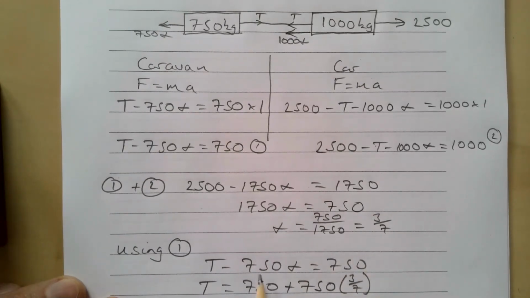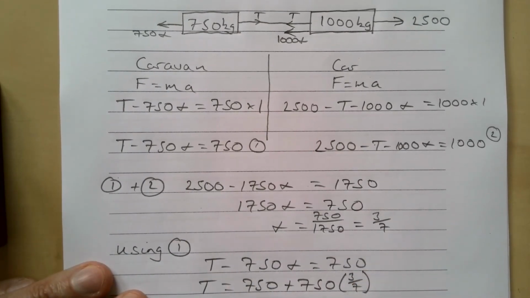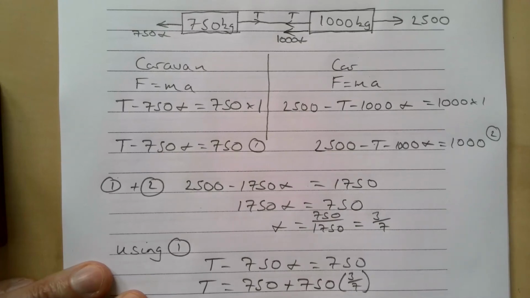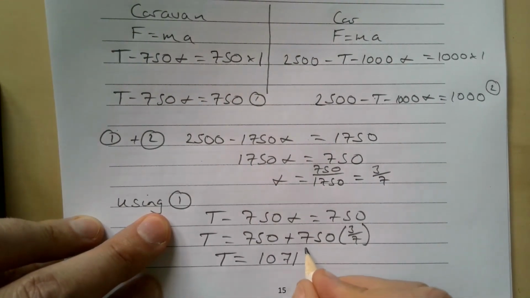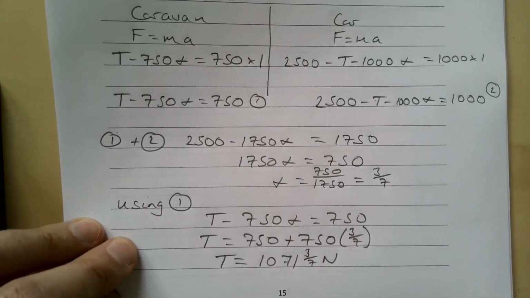You see where that's come from? I've taken this over the other side and subbed in my 3/7. And if you do your calculations, you get 1071 and 3/7 newtons.